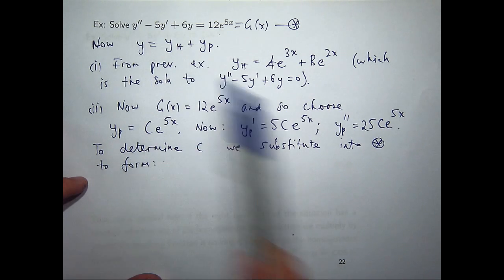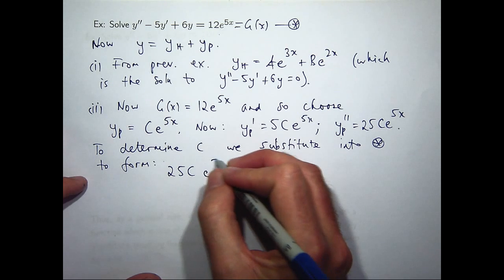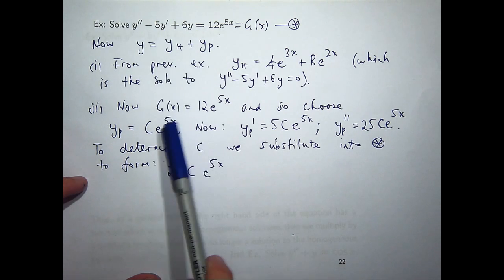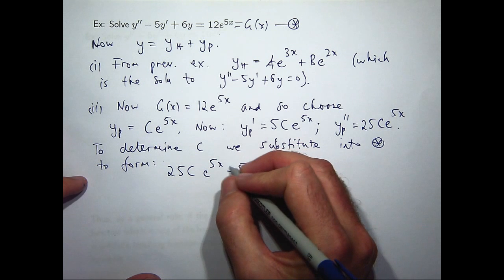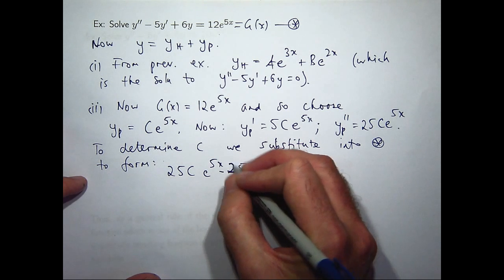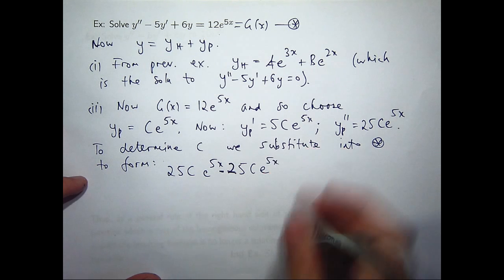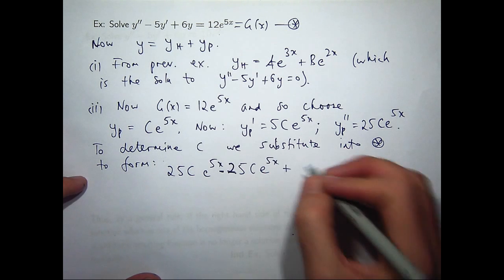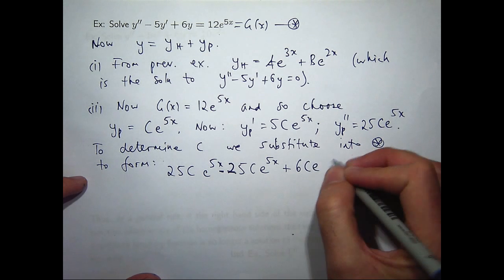Okay, so y double prime, we replace that with this, 25c e to the 5x, minus 5y prime, well, it's just minus 5 times that. So that'll be a minus 25, and plus 6y.